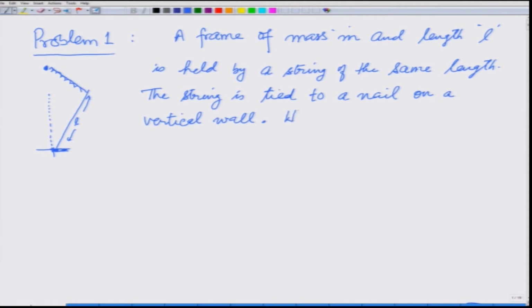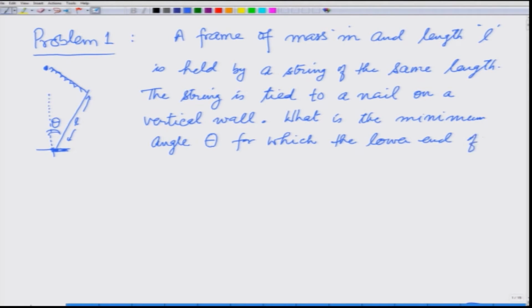What is the minimum angle, let us call it theta, and let me make it here theta, for which the lower end of the frame does not slip on the wall?